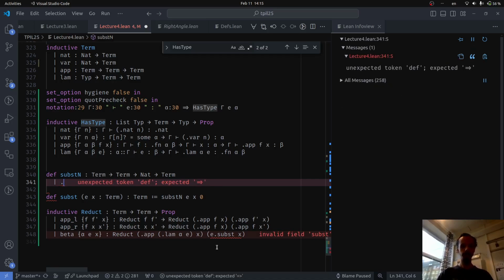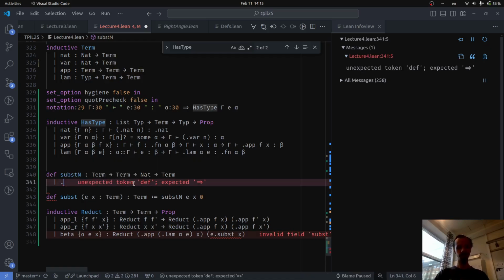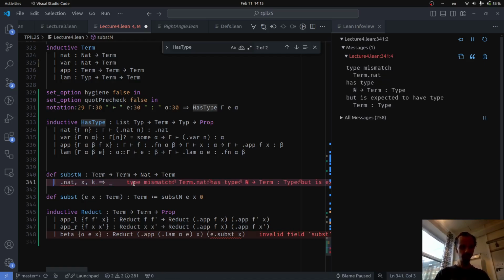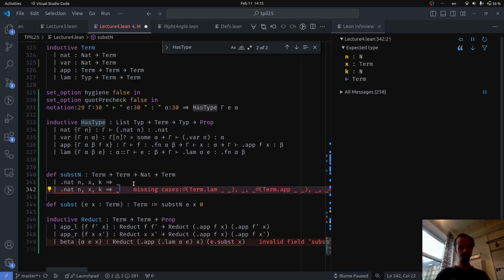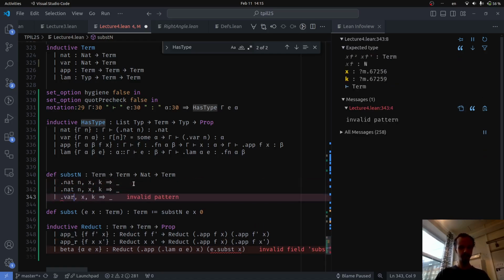This is the term that we're substituting, and this is the term we're substituting into, and this is sort of how many bound variables we've walked under. So we'll see how this works. So here we're gonna have cases, and then here we're just gonna have variables. Let me just write all the cases.